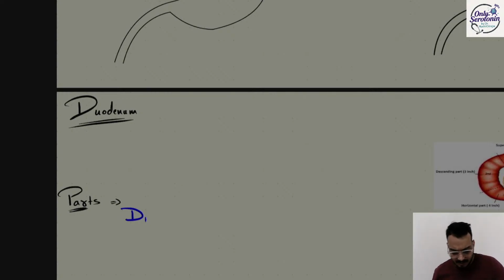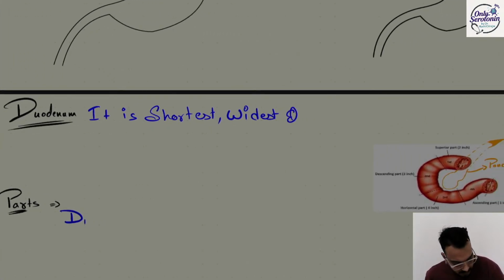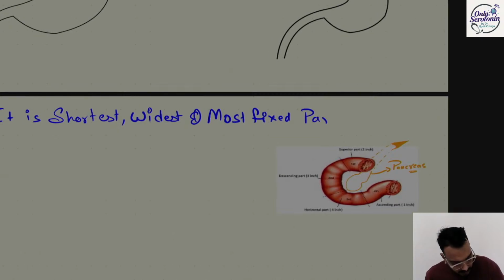So guys, what are the things you should know about duodenum? In duodenum, it is your shortest, widest, and most fixed part of your small intestine.